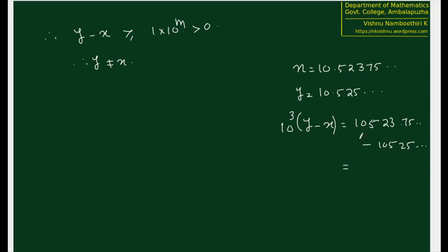So the difference is going to be, see, here we have 10523.75, here we have 10525 point etc. So we would have taken y minus x. This is not correct. This is 525 etc.